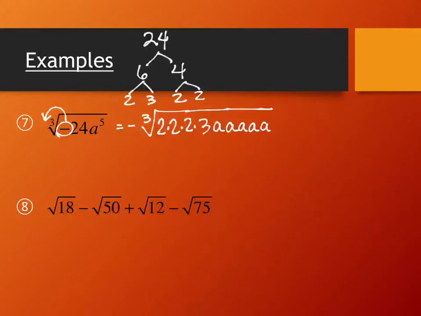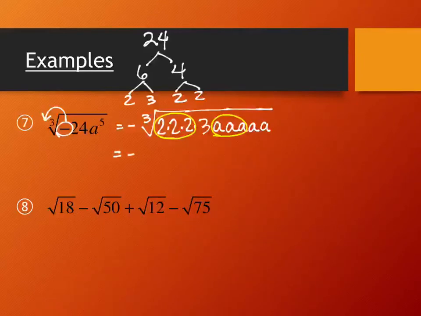Okay. All right. So I'm looking for groups of 3. So I have 3 2's. That's cool. What else do I have 3 things of? A's. So I don't have all the A's, right? I can only circle 3 of them, but 3 of them are a group of 3. So I'm going to be able to pull the 2 cubed out as 1 2, pull the A cubed out as 1 A, and the negative that's on the outside is still there.